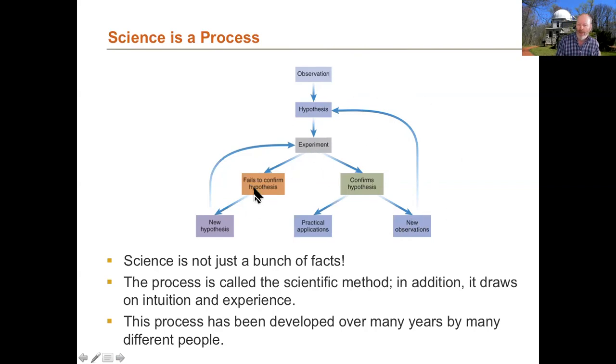But eventually, we figured out that there are other things out there moving in a way that corresponds to the way the sun is moving. And especially when we got off the planet with rockets and other things, we're like, okay, yeah, we're going around it rather than it going around us. Also, we're spinning. So there came a time when experiments failed to confirm that the sun is going around us.